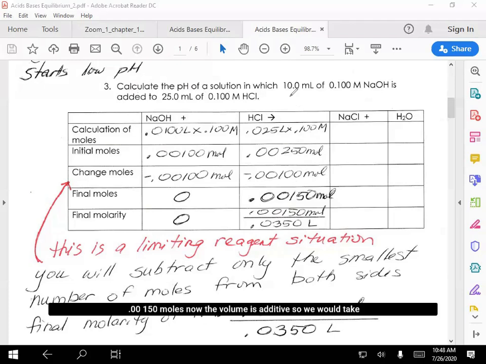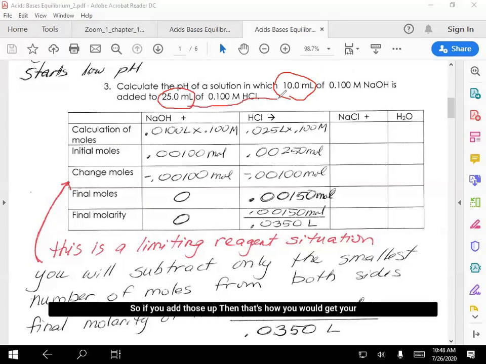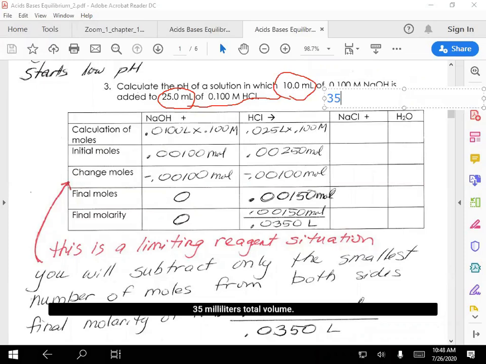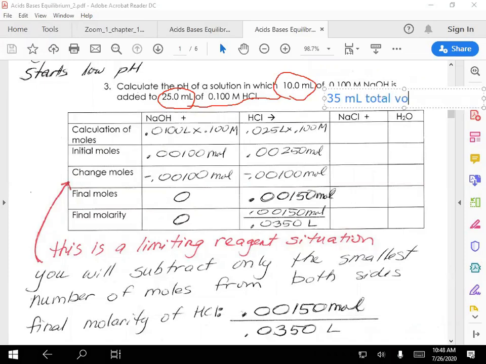Now the volume is additive. So we would take the 10 milliliters of base that we had added to the 25 milliliters of HCl. So if you add those up, then that's how you would get your 35 milliliters total volume.